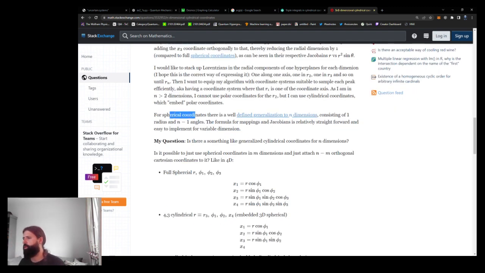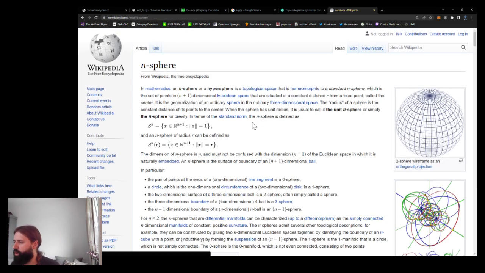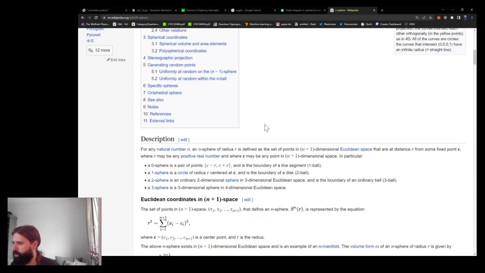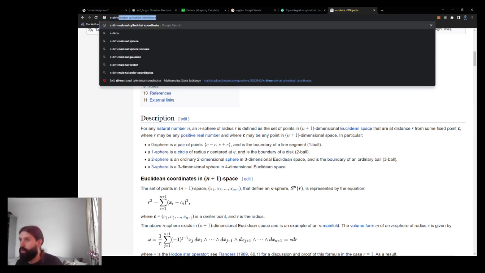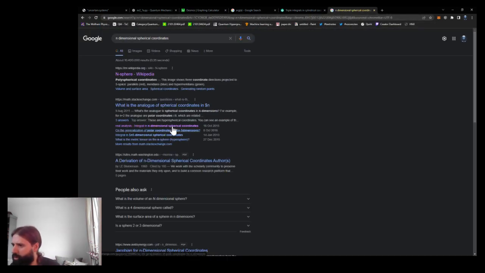For spherical coordinates, there is a well-defined generalization to n dimensions. So maybe we just have to move to spherical coordinates. Exactly. That's probably what we have to do.